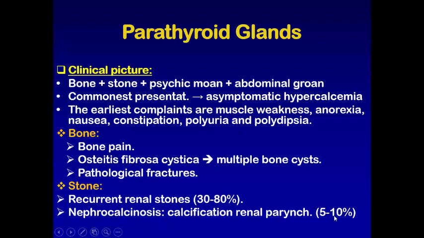And in 5 to 10% of them, there may be nephrocalcinosis, which is calcification of renal parenchyma. So, in any patient with multiple or recurrent renal stones and nephrocalcinosis, you have to investigate for hyperparathyroidism.